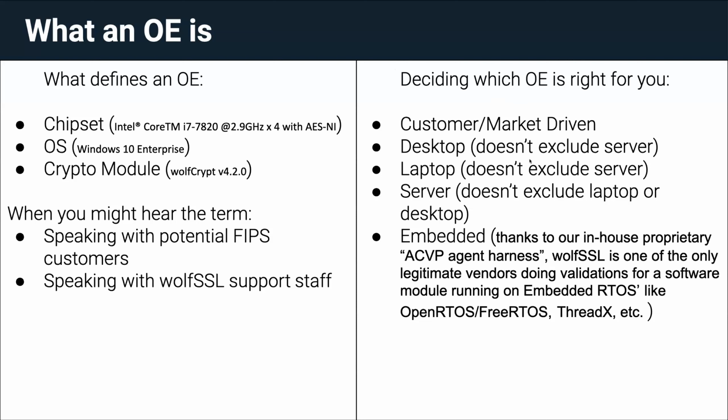The CMVP, while they will stipulate what they'll back FIPS certification claims on, the CMVP will say, well, if the OS changes in any significant way, we will no longer back those claims. But when you're selling this to someone in the federal space, you're often dealing with an end user called the Federal Procurement Officer.